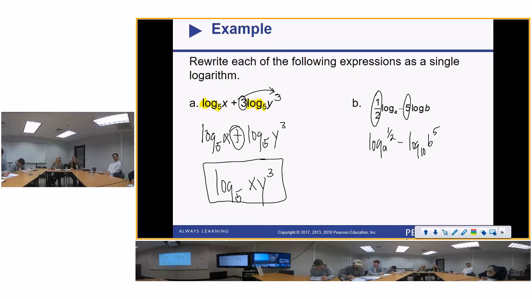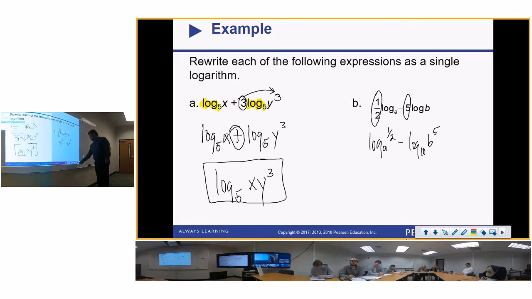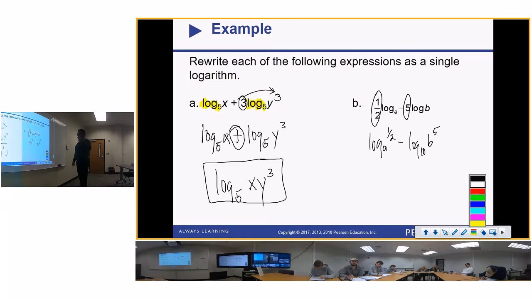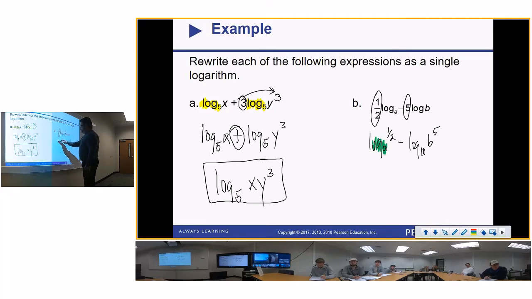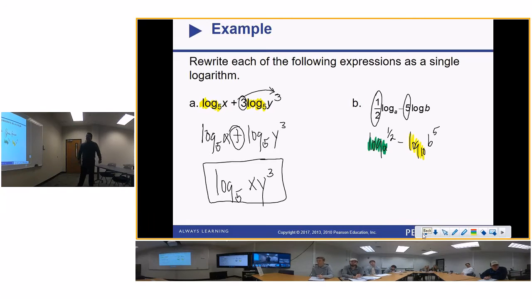Now, take my handy dandy highlighter. I don't know if they want to use the change base formula. I don't think they do because I don't think we've seen it yet. So I'm just going to highlight this one that color, and this one that color. Do we have the same bases? No, we do not. So here we had the same bases.